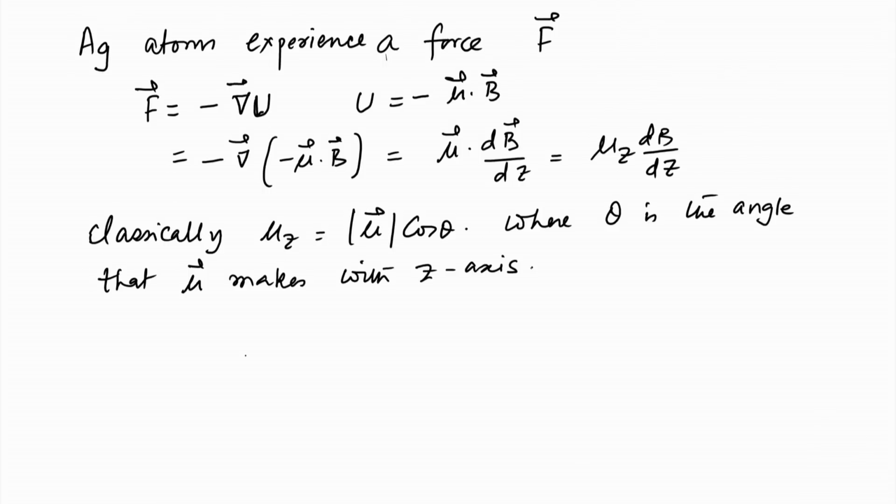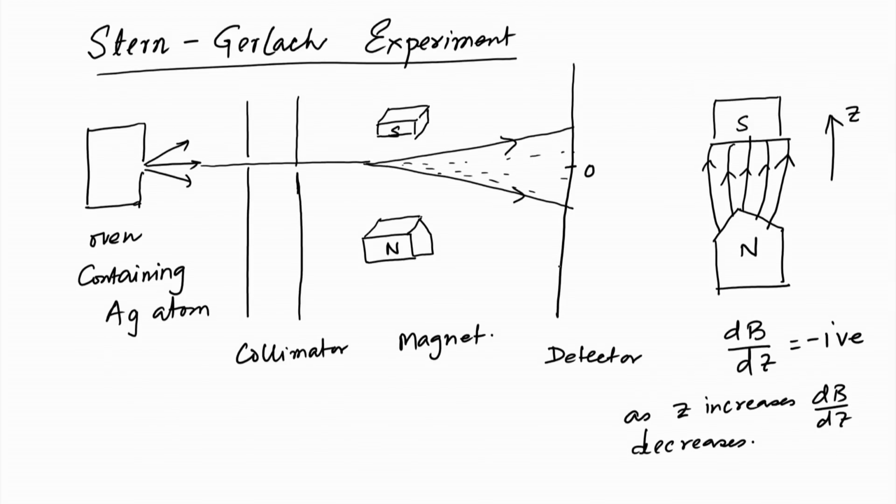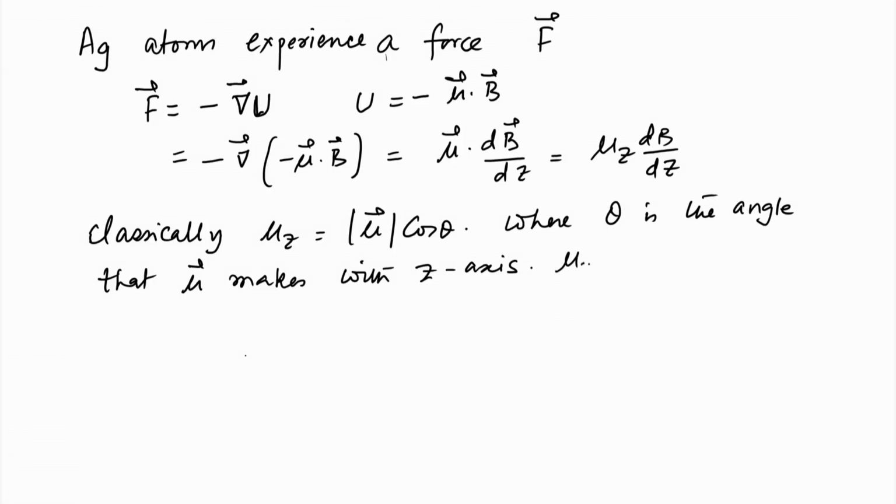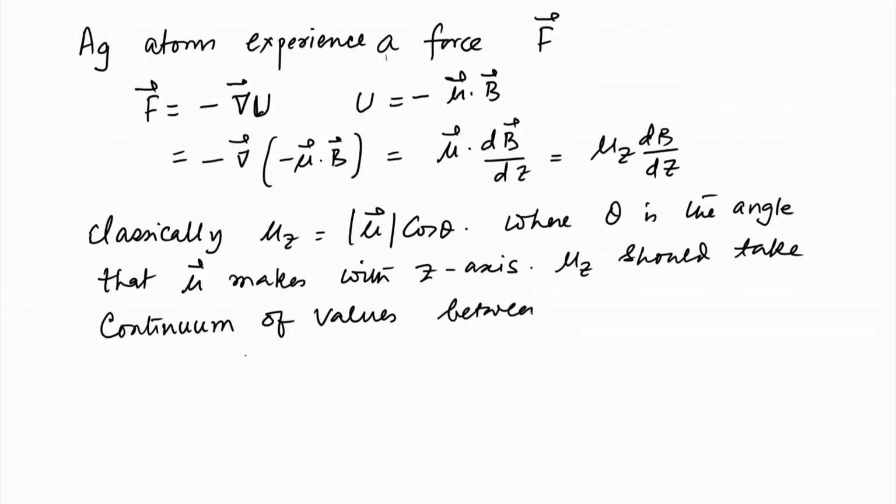And so mu z should take a continuum of values between minus mu to plus mu, because cos theta has limits of plus 1 and minus 1.